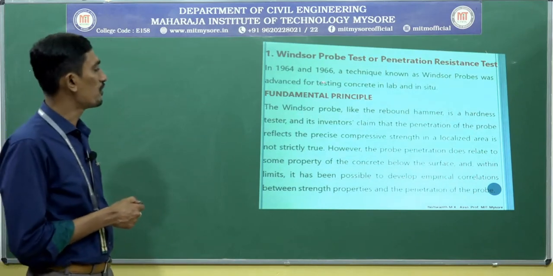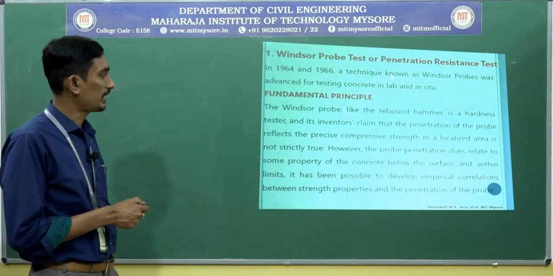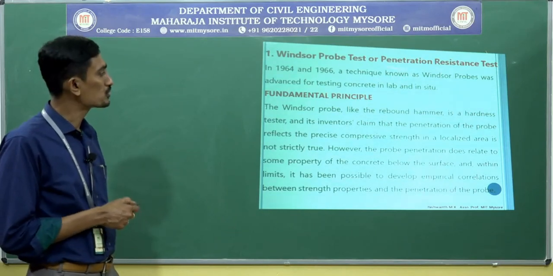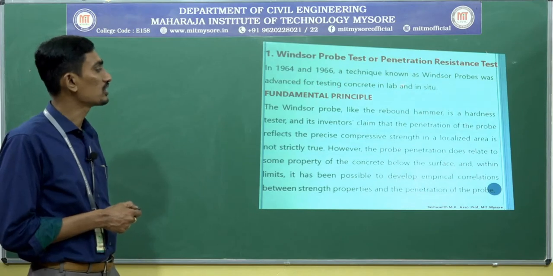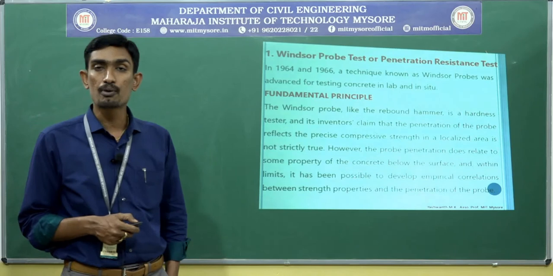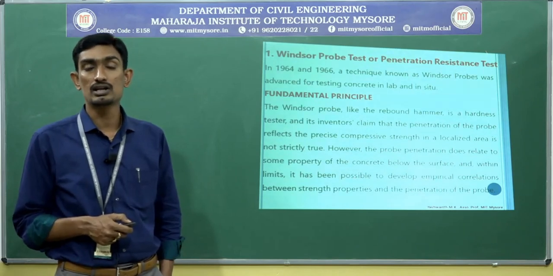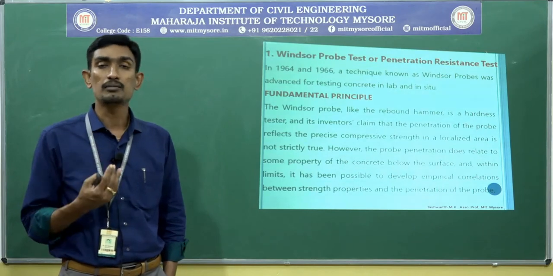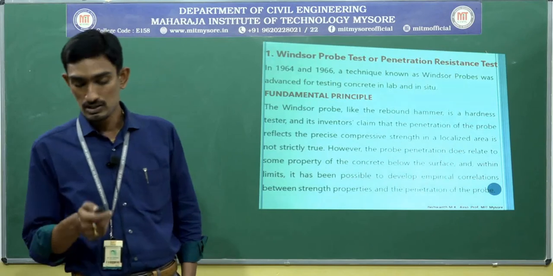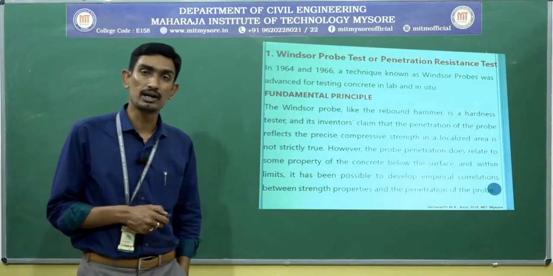In 1964 and 1966, a technique known as Windsor probes was advanced for testing concrete in the lab and in situ. This Windsor probe or penetration resistance test can be used both in the laboratory as well as on site.